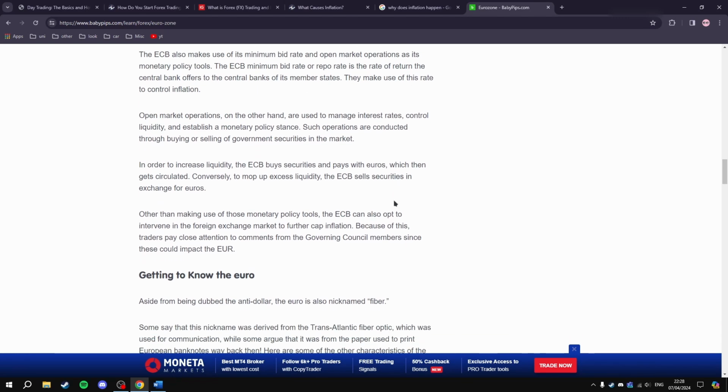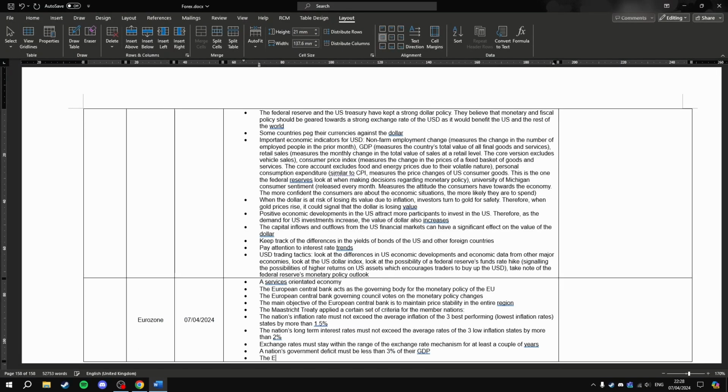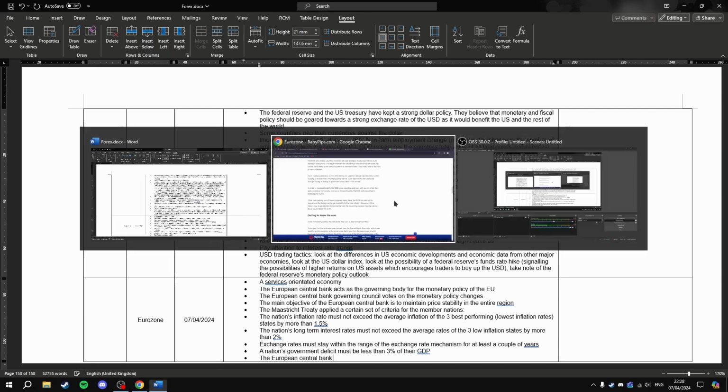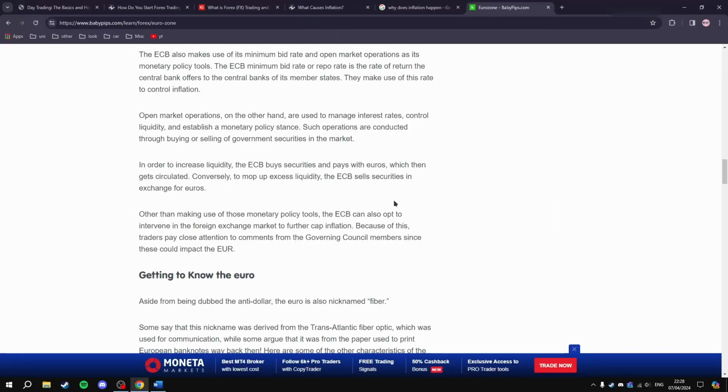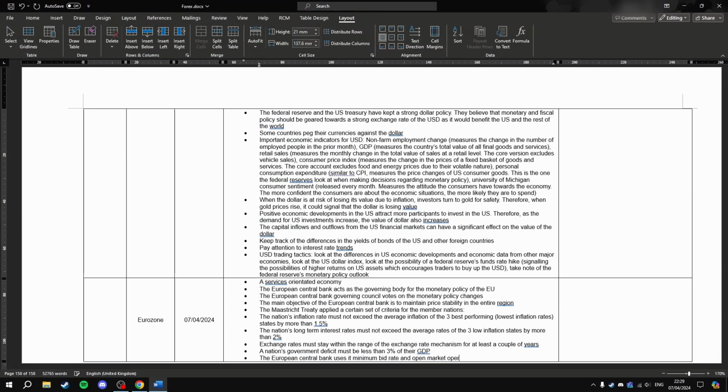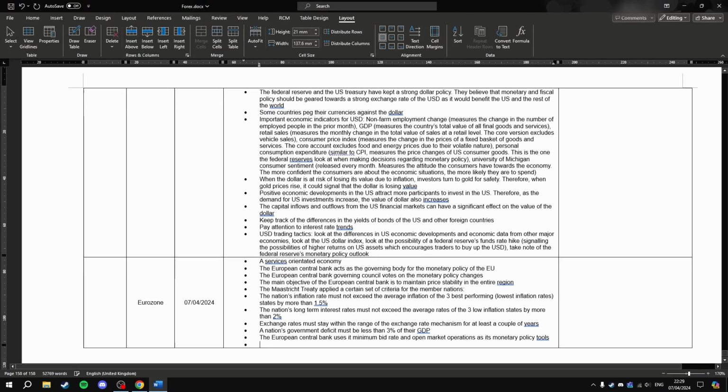The ECB also makes use of its minimum bid rate and open market operations as its monetary policy tools.